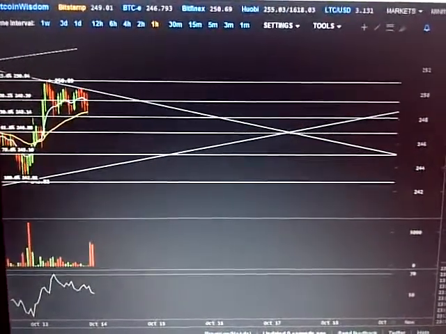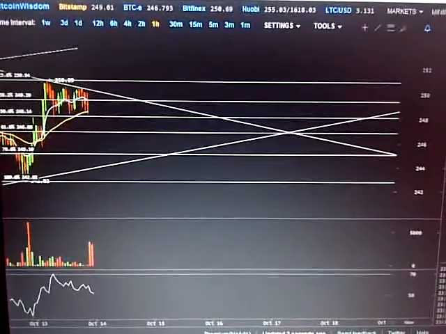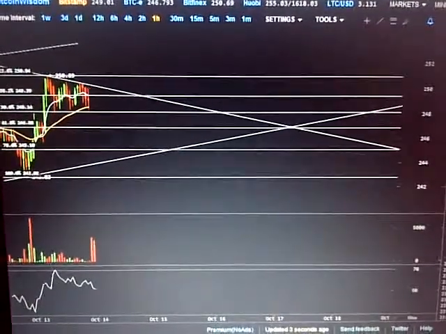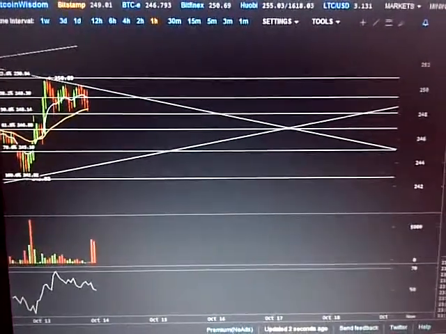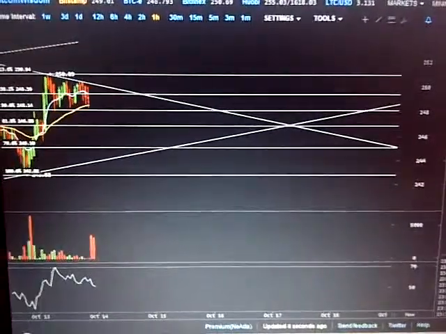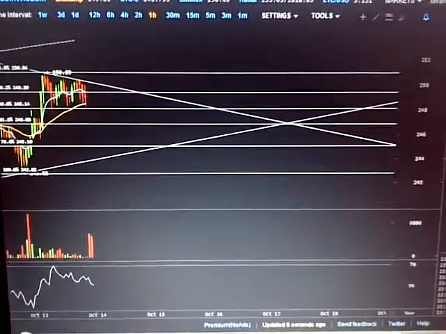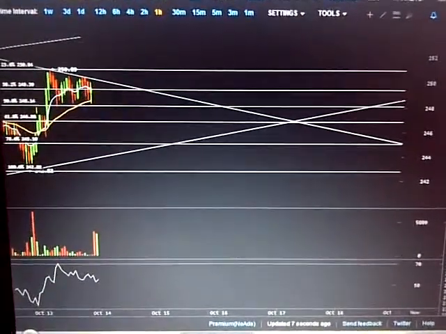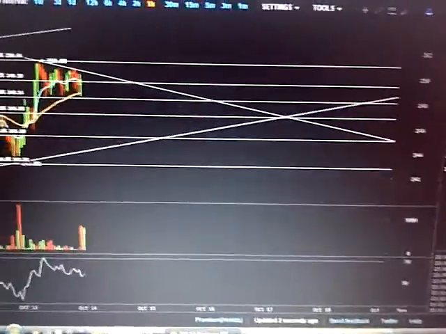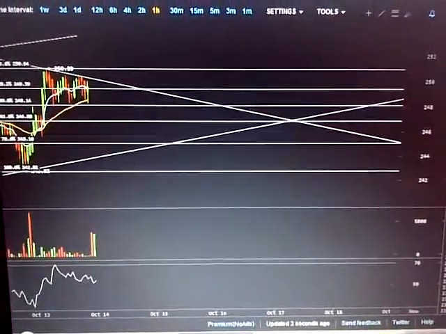Okay. I'm going to try this out. This is just an experiment. I've never done this before. I do use lines. I do use channels. I don't use Fibonacci lines, but I'm just going to put them there anyway to see what I get.